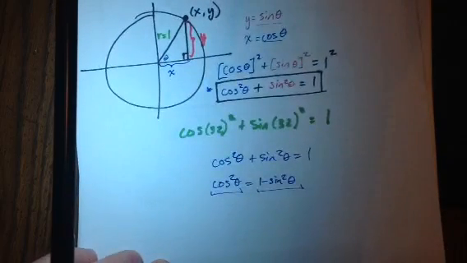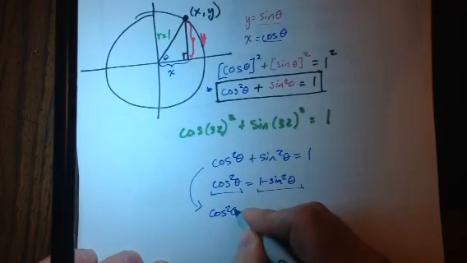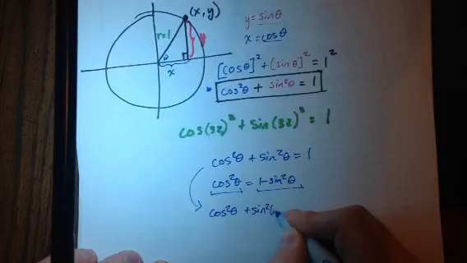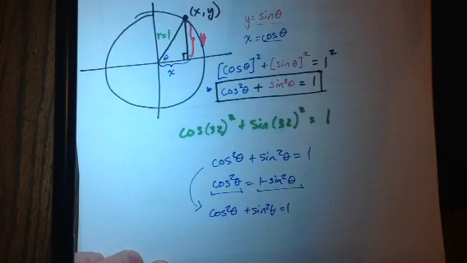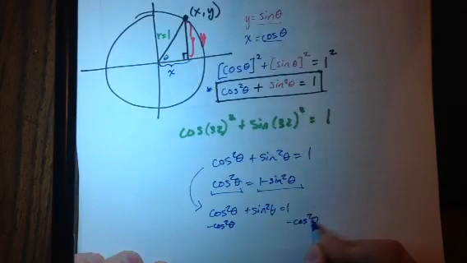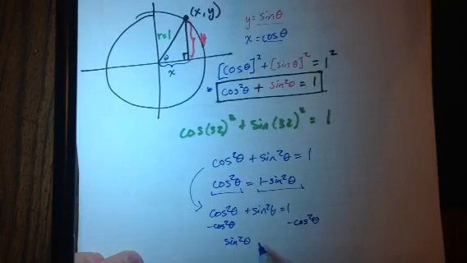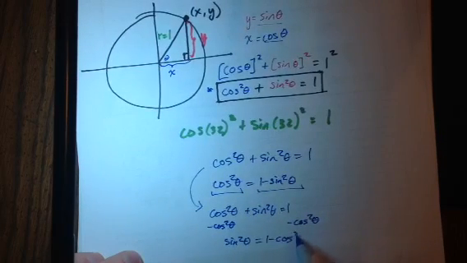I also want to rearrange this a second way. So another way to rearrange cosine squared theta plus sine squared theta equals 1. Instead of subtracting the sine over, let's subtract the cosine squared. That's going to end up with sine squared theta equals 1 minus cosine squared.